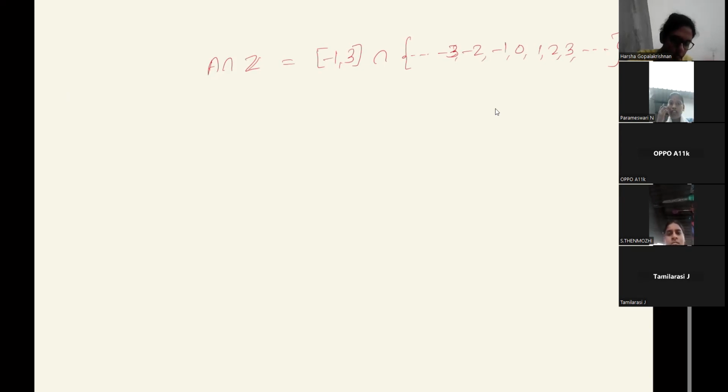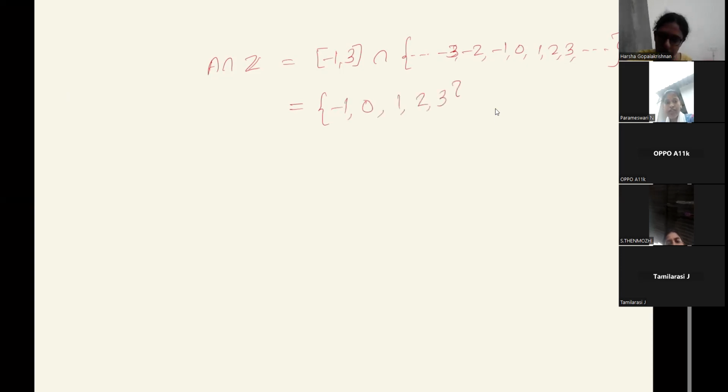So if I am taking the intersection, I should take the points which belong to both of this [-1, 3] and the integers. So what are all the points like that? -1 is in both. 0 is also in both because 0 is between -1 and 3. Next point 1, next 2, next 3.